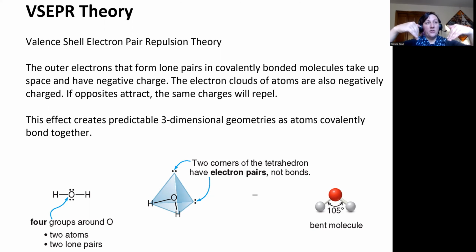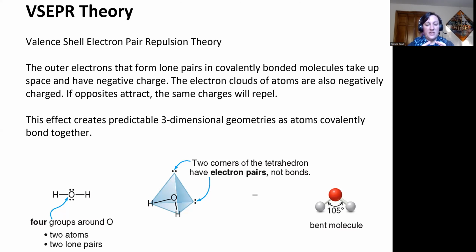And as they approach other clouds of negative charge, they repel each other. So just like electrons are attracted to a nucleus through the opposite charges being attracted to each other, that electrostatic force, similarly, same charges will repel each other. And so our electrons repel each other.